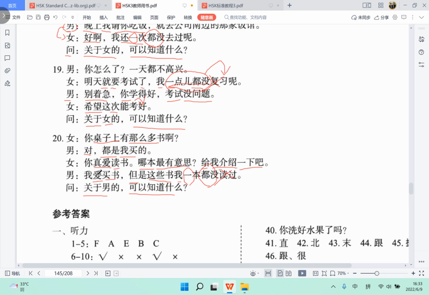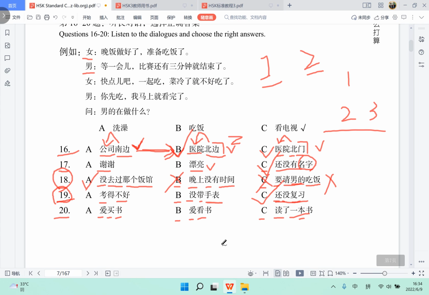He said 爱买书, loves to buy books. So choose A. So it's not that difficult, but compared with HSK2, there will be more details.